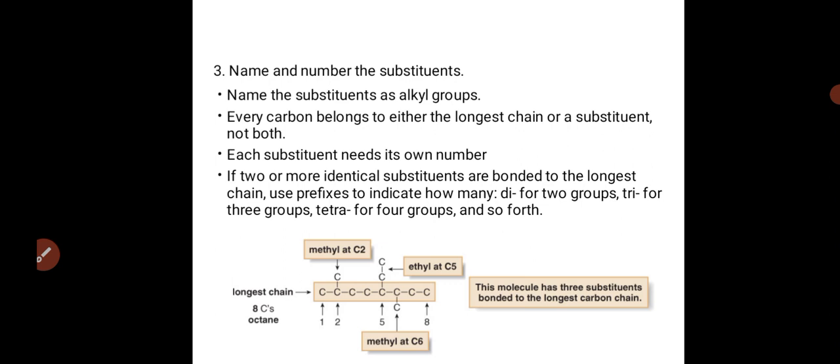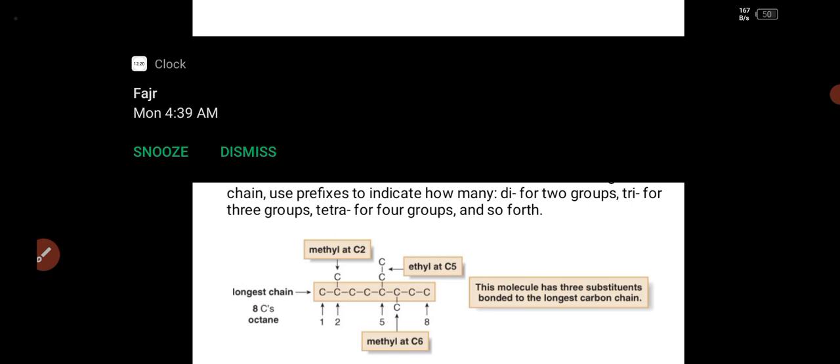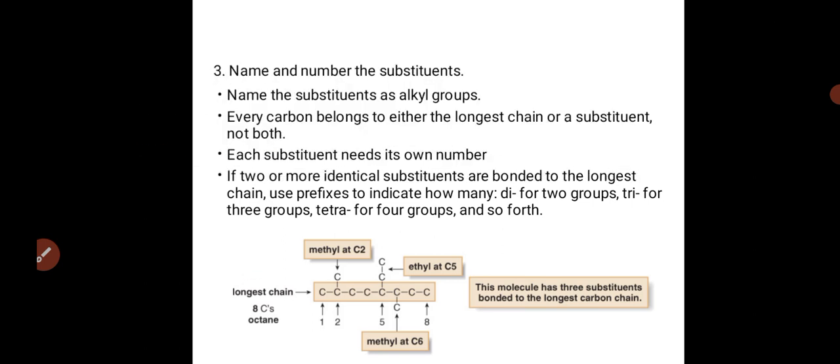And if two or more identical substituents are bonded to the longest chain, use a prefix to indicate how many. If there are two, you say di. If there are three, tri. If there are four, tetra. If there are five, penta.